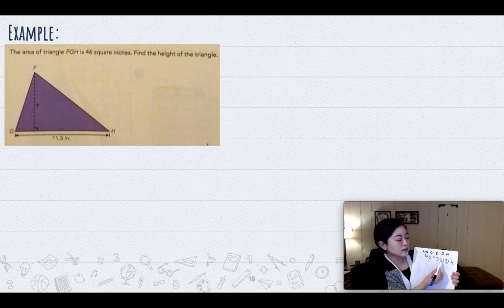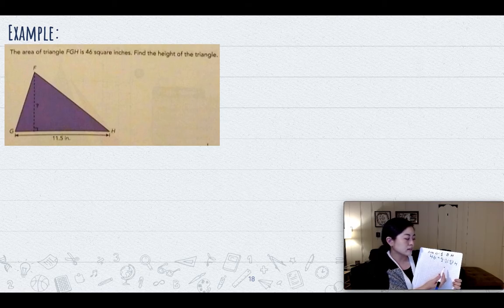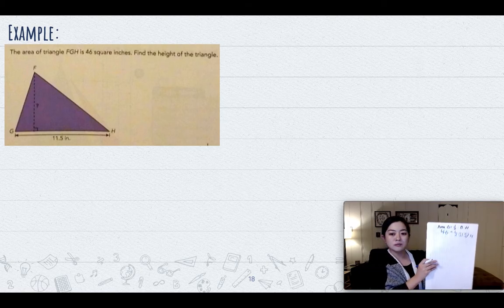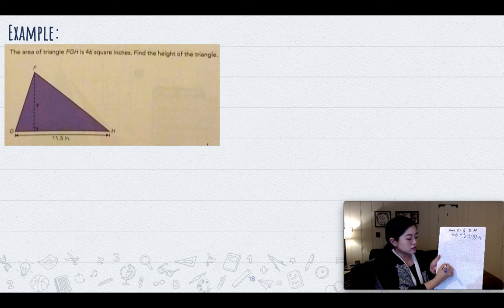All right, so once you do that, this half of 11.5 is what? Well, I'm going to do it maybe at the bottom here, okay? So 11.5, half of it, is, well, 2 times what gets you to 11 or close to 11, 5. So 2 times 5 is 10. I'm going to subtract this, so it's 1, drop the 5, okay? 2 times what gets you close to 15, 7.